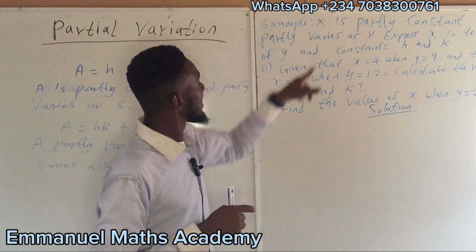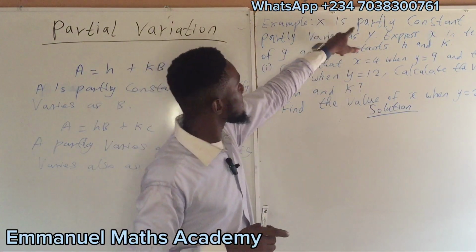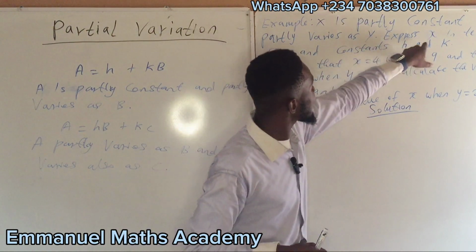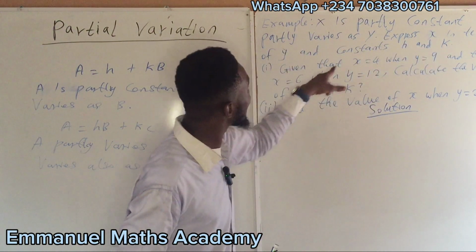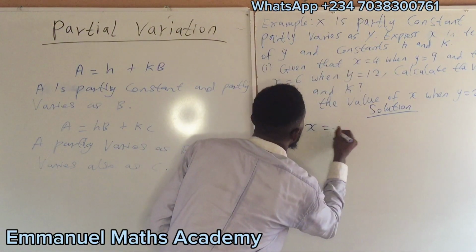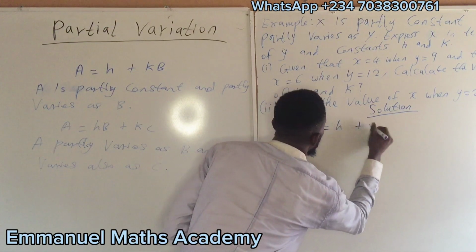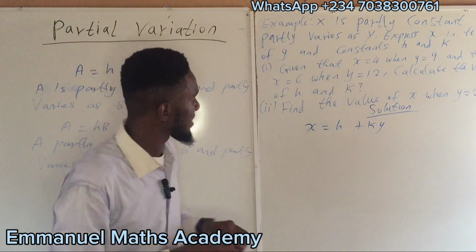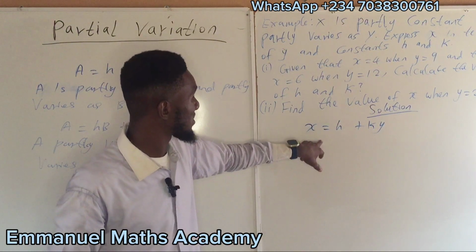Now, take a look. The first statement says X is partly constant and partly varies as Y. Express X in terms of Y and constants H and K. Mathematically it is written as X equals H plus KY. This is the expression.